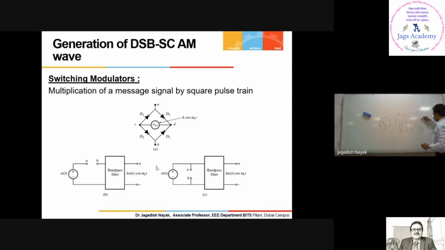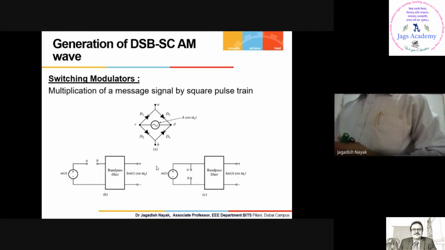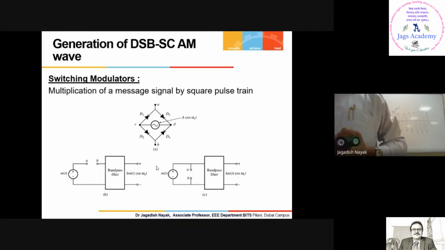This is your A_c cos omega_c t. Now this is supplied to this. During positive half cycle, what will happen? Which are the two diodes that conduct? During positive half cycle, C is positive, D is negative, right? Then what are the two diodes that conduct?